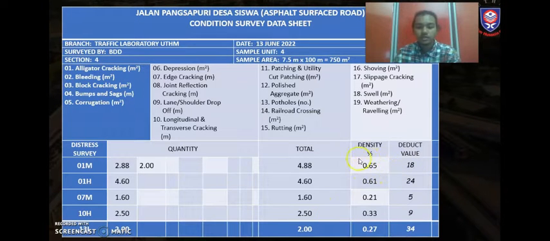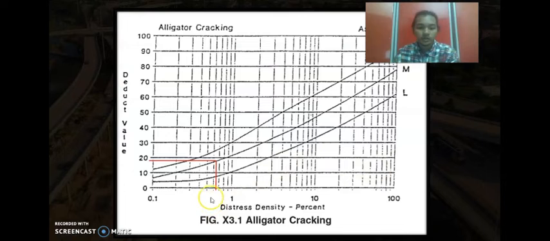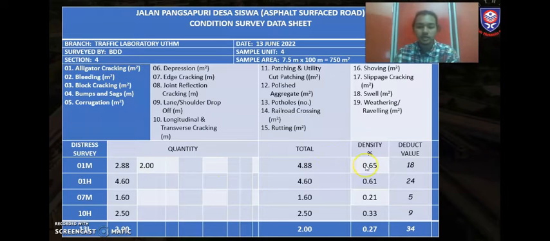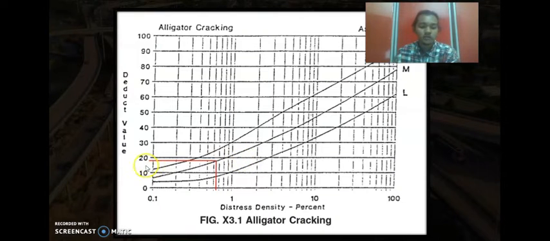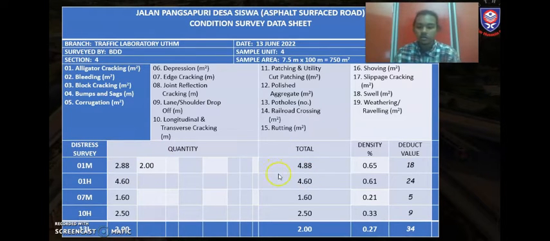For the first one, the density is 0.65, so we must draw a straight line to M because the severity is medium, and take it to the left. The value we get is 18. We must do this for all distresses.